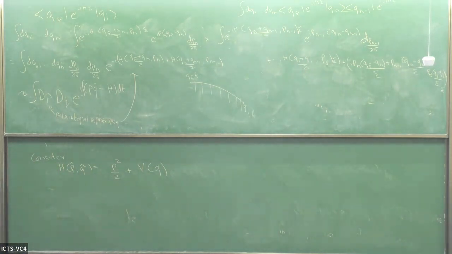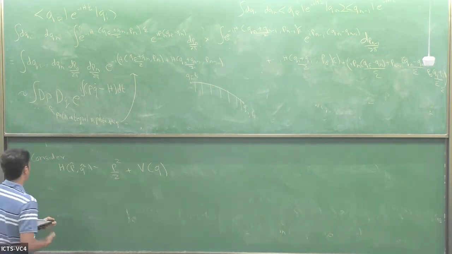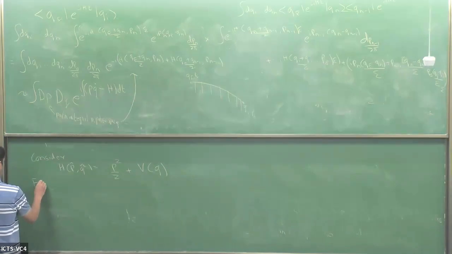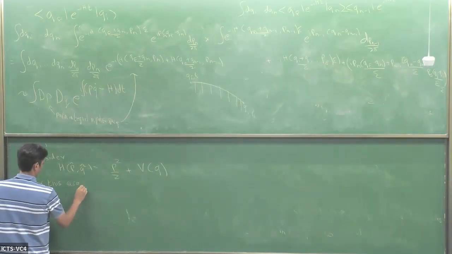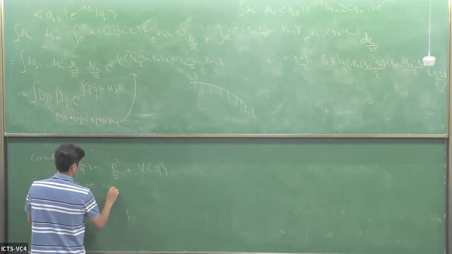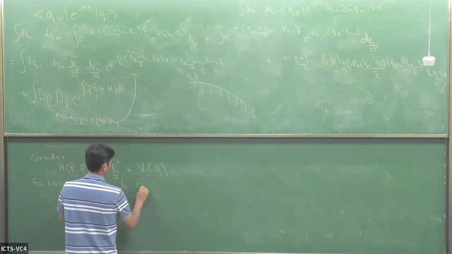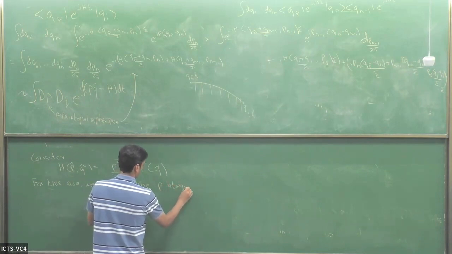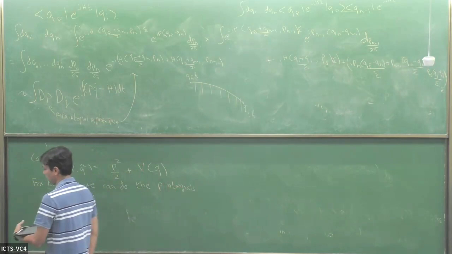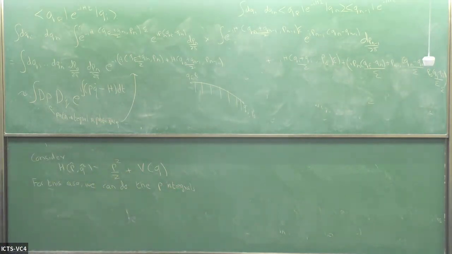That's a special form. In that case, we can do the integrals over p. Remember, there's an integral over p and also an integral over q. How do we do the integrals over p?